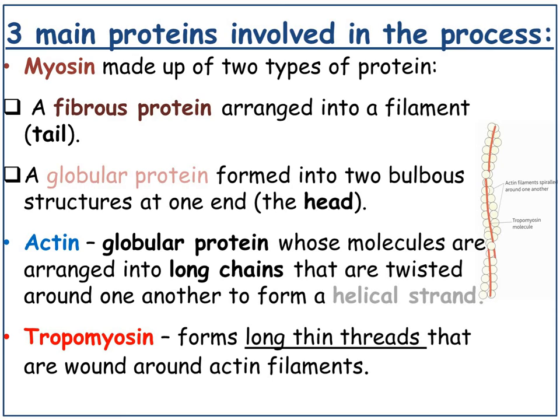So the myosin has the fibrous tail and the globular head. The actin is a globular protein whose long chains are twisted around one another to form a helical strand. And then you've got this red protein here, which is tropomyosin, which forms long thin threads which are wound around the actin filaments.